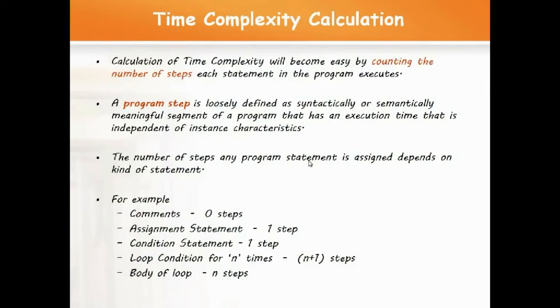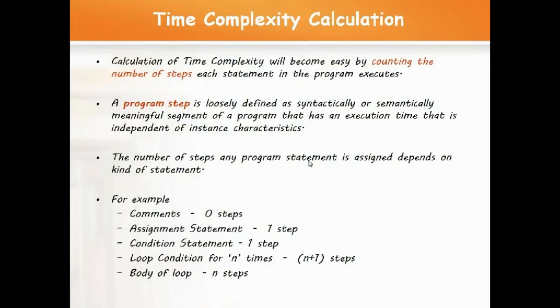So we are bothered only about the executable statements in the program. First, identify the executable statements in the program. After identifying the executable statements, count the number of steps for each program statement depending on the kind of statement. Then, how can I count it?